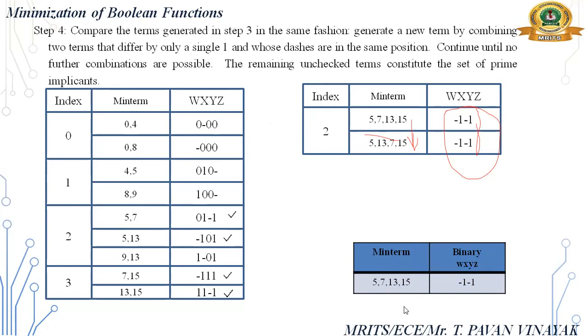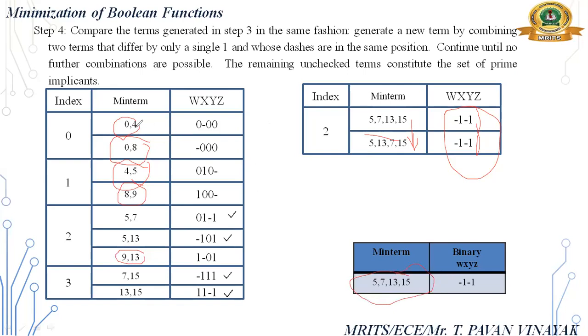Is further reduction possible? No, because here only one index is available. We didn't get any index 3 or 0 or 1, so we can stop here. The untick-marked terms are which ones? 0, 4, 0, 8, 4, 5, 8, 9, 9, 13 and 5, 7, 13, 15.